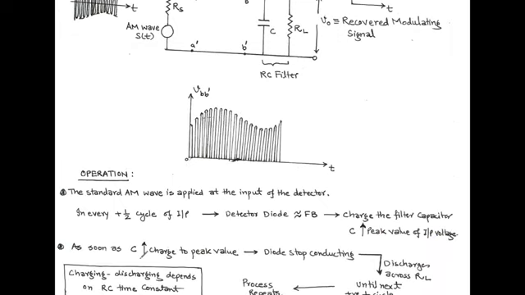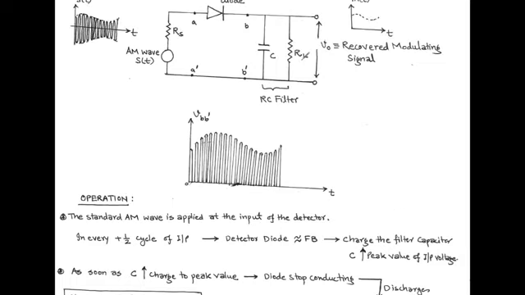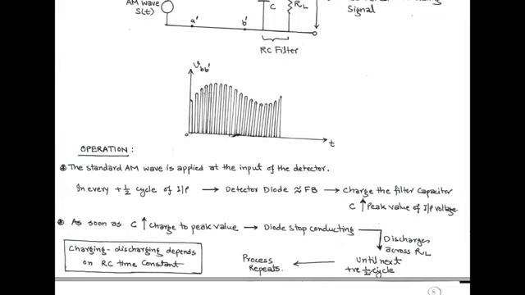As soon as the capacitor is charged to the peak value, the diode stops conducting, and this charged capacitor discharges across the load resistance until the next positive half cycle of the input wave. This process repeats for every continuous wave at point B dash.